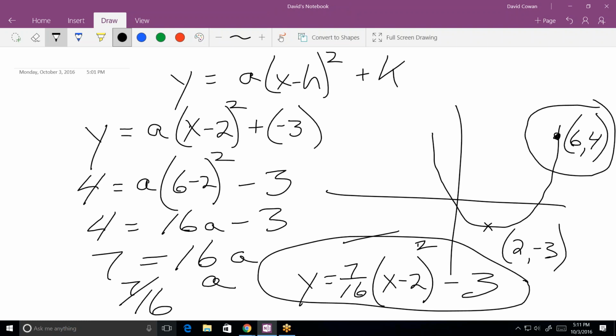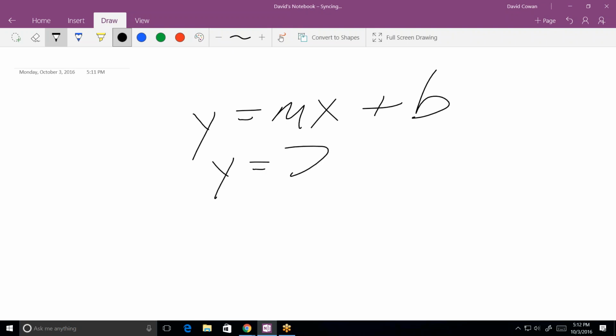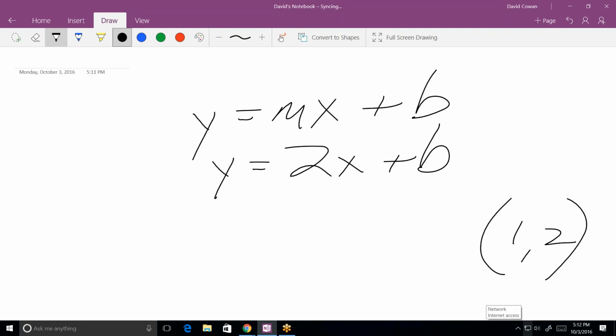It's a little like if you have y equals mx plus b, and I know the slope is 2, so I now have y equals 2x plus b, and I know a point is at 1 comma 2. Well, that point allows me to solve for b. By putting that point in for x and y, I get 2 equals 2 times 1 plus b.